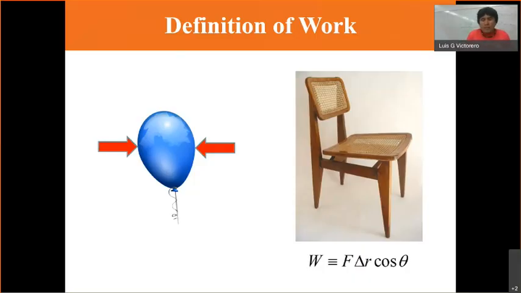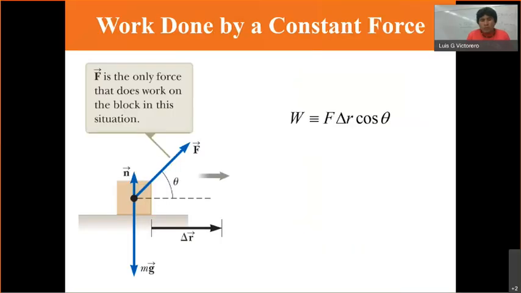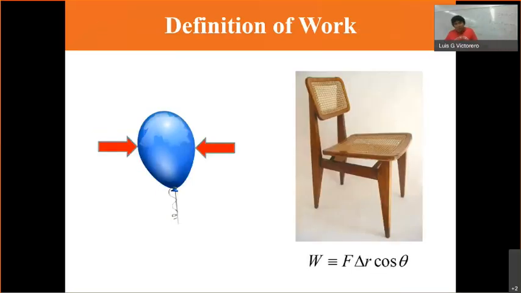Now, in the example that you have in front of you, you have a chair that is not moving. You have a balloon on which you are exerting the same force in opposite direction. I can actually add another example. Let's say you lean towards a vertical wall, or let's say you push it.